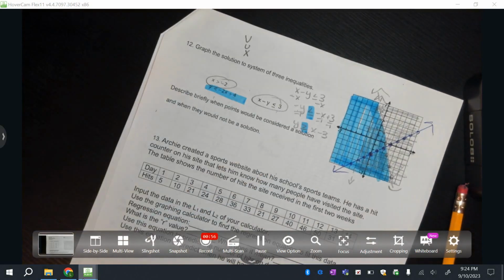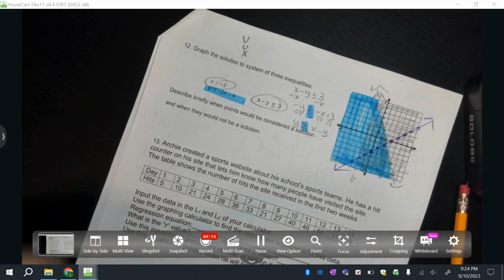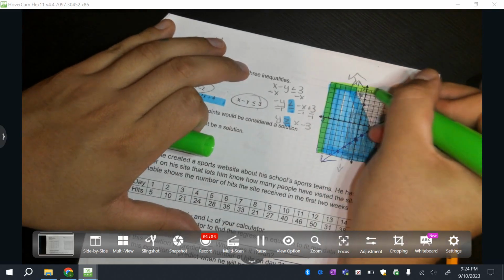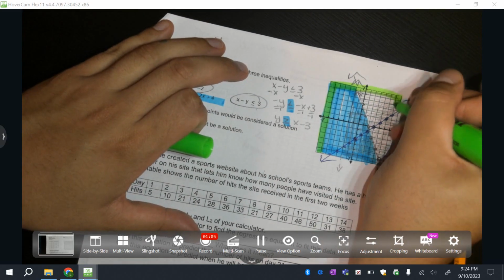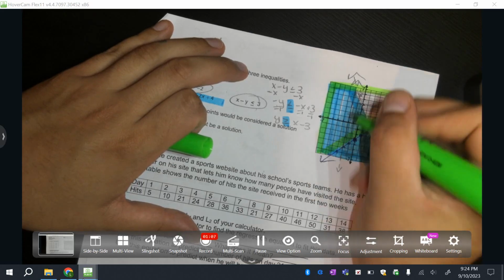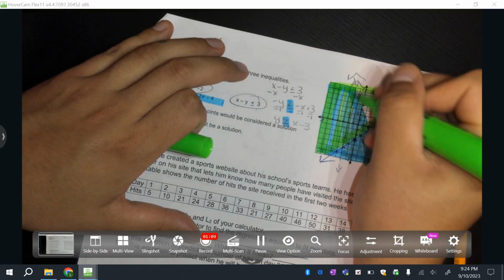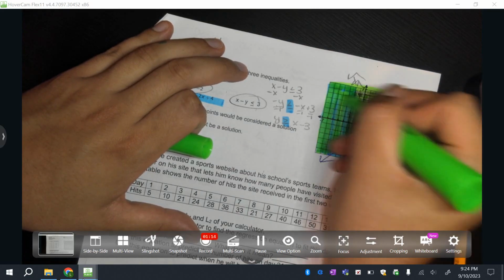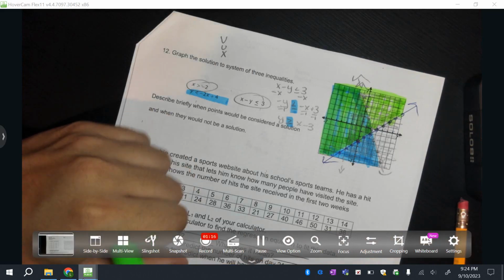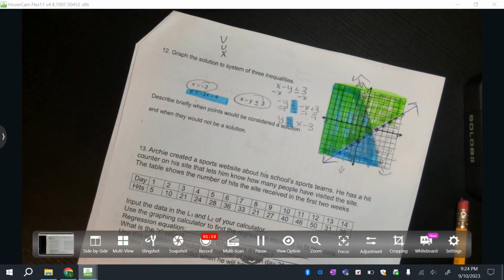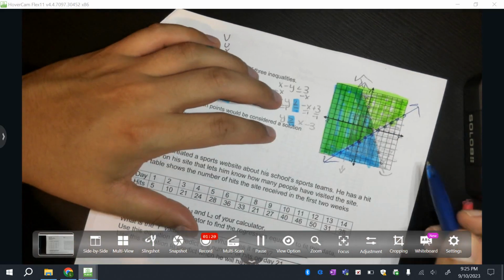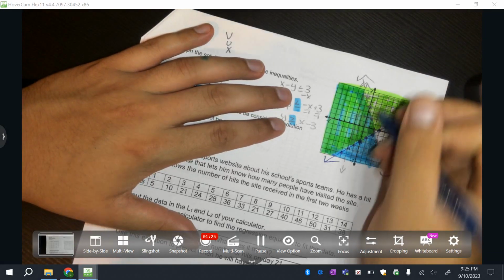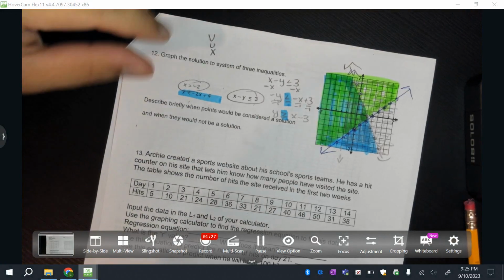Since the inequality is greater than or equal to, we shade everything above it. So then this region is going to contain the solution set.